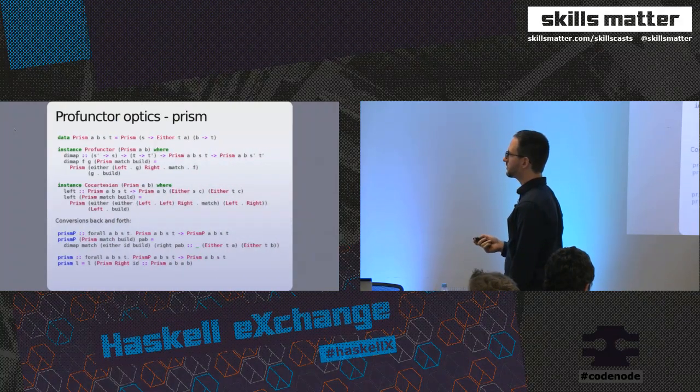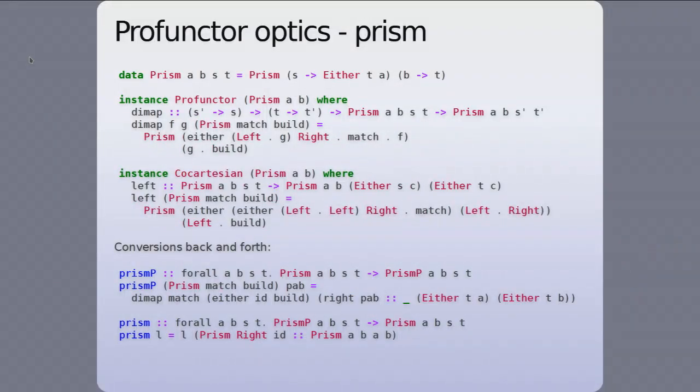And for a prism, it's the same thing. It's exactly the same, except when we transform from the concrete representation to the profunctor representation, we extend the profunctor to act on the sum types, right? That's why prism P works on co-Cartesian profunctors.